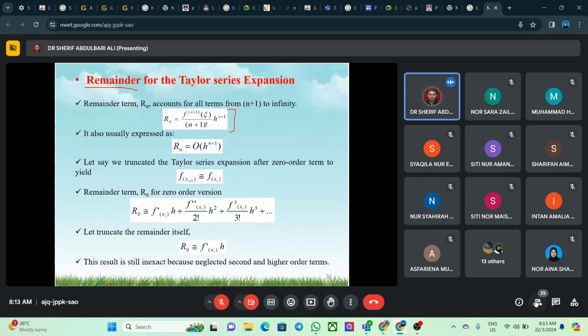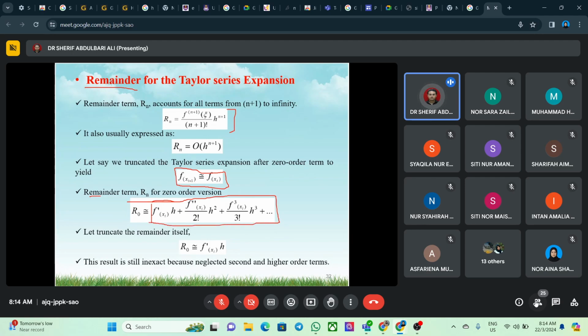It's also expressed as Rn is equal to O of h to the n plus 1. So if we truncate the Taylor series expansion after the 0 order terms, so we're only going to take the 0 order terms from the Taylor series, that means the remainder that we are not calculating is going to start from the first order of the Taylor series to the nth order of the Taylor series.